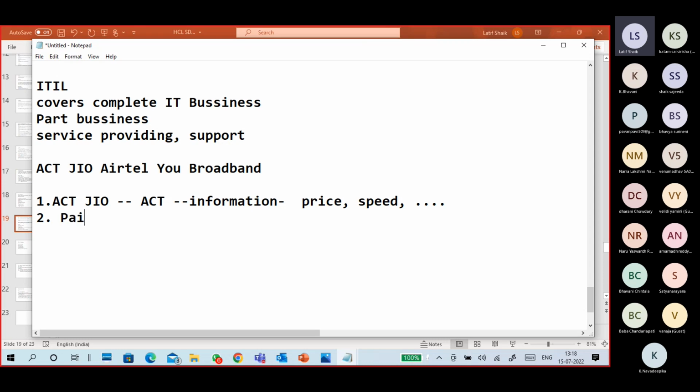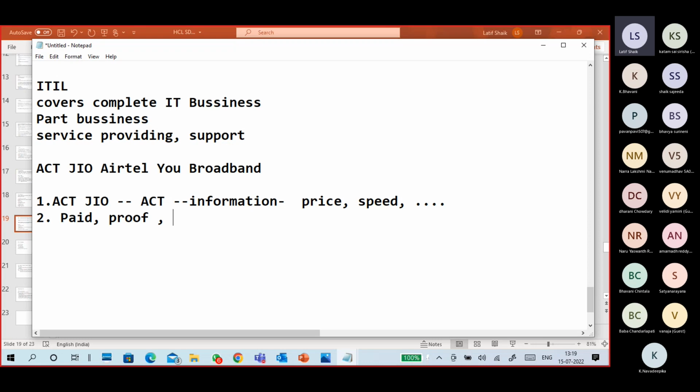I paid my amount and submitted proofs, like an identity proof, an address proof, photos, like that. We did all the process.